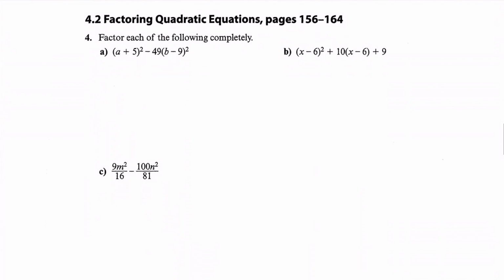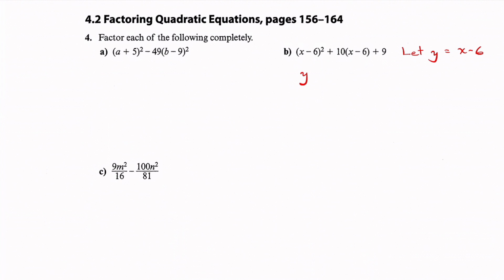Looking at question number 4, we are going to do B here together. In these ones, it says factor each of the following completely. Now, whenever you see something like this, where you have, say, x minus 6 and then another x minus 6, you want to use a substitution to make this easier. So I'm going to say, let y equal x minus 6, and then I'm going to substitute that in.